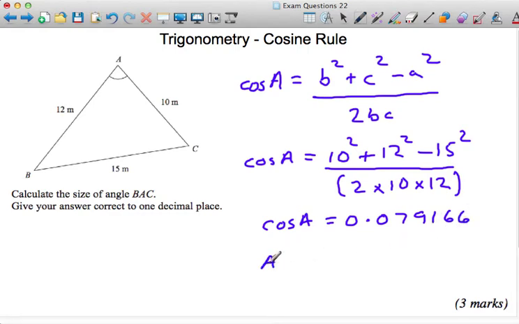So A, the angle A, is cos to the minus 1, the inverse cos function. If this is the cosine, we use the inverse cos function to get back to the angle. So it's cos to the minus 1 of that.